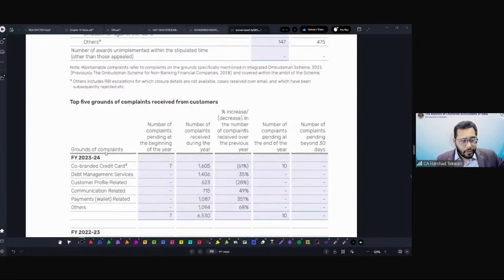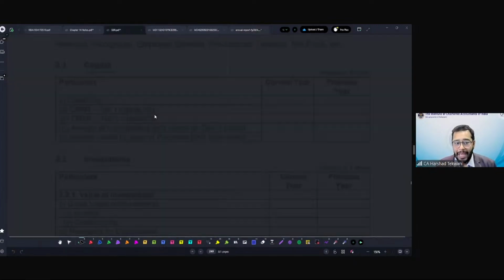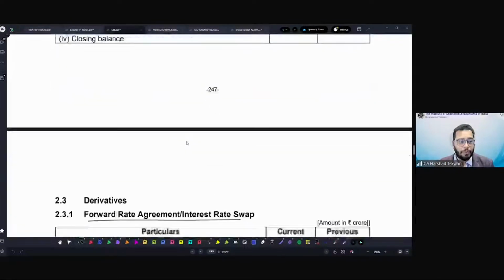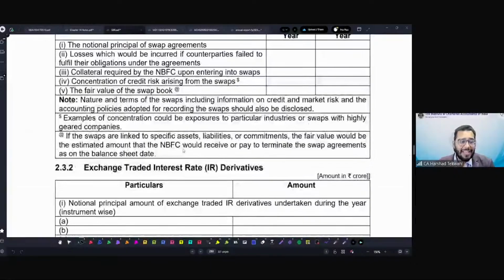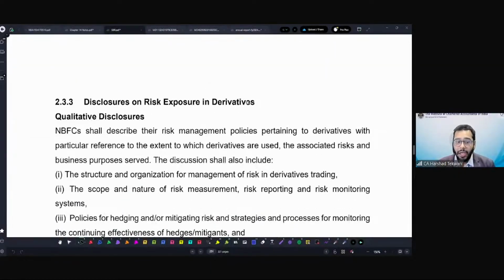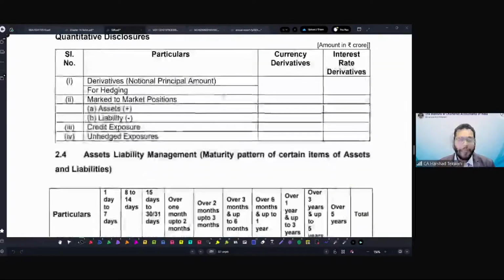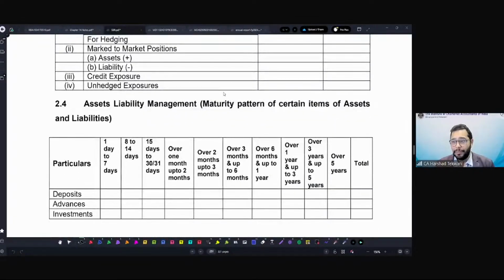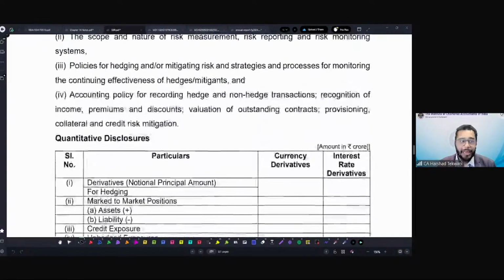Now these disclosures are already given under the master direction that the NBFC has to report. Now, if NBFC has to report, your role as an auditor comes into the place: how have you verified that reporting is appropriate? So audit procedures regarding these particular disclosures are also required to be done. See, tomorrow, there could be an incorrect reporting.